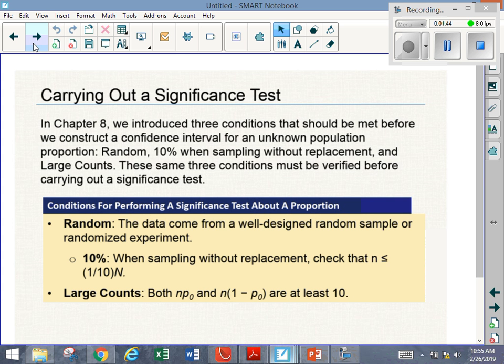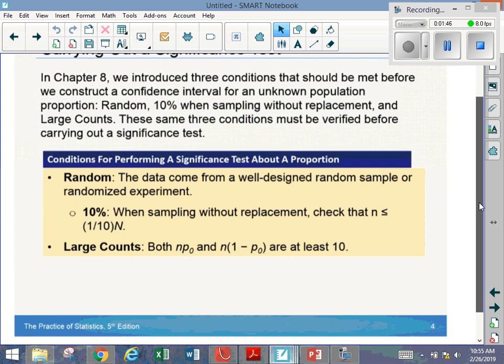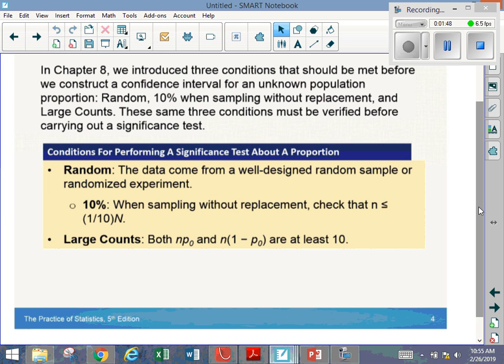We have already introduced these conditions that need to be met, and they also need to be met when we are going to do any sort of hypothesis test or significance test. They're the same. Okay? You must check assumptions.